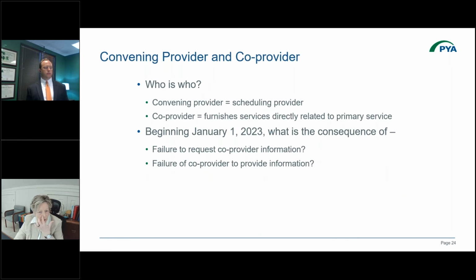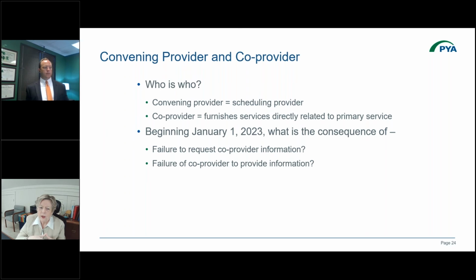Because there is a requirement under the good faith estimate provisions that the scheduling provider, who could be the hospital or ambulatory surgical center, it could be the physician, is right now required to provide a good faith estimate for his or its services to the patient.